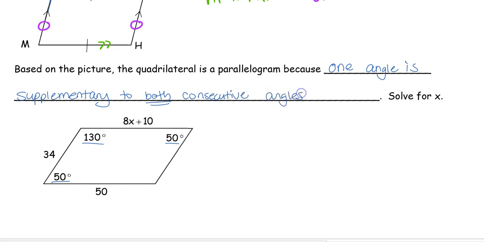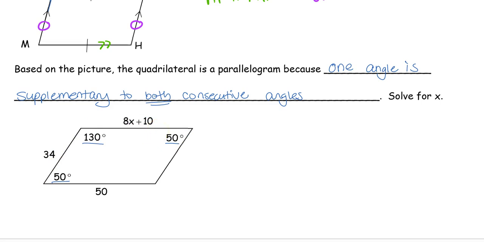And the explanation is very important. So again, based on the picture, I know it's a parallelogram because one angle is supplementary to both of the consecutive angles. Now that I know it's a parallelogram, I can apply any and all properties of the parallelogram. So I use this to determine and to prove it was a parallelogram.